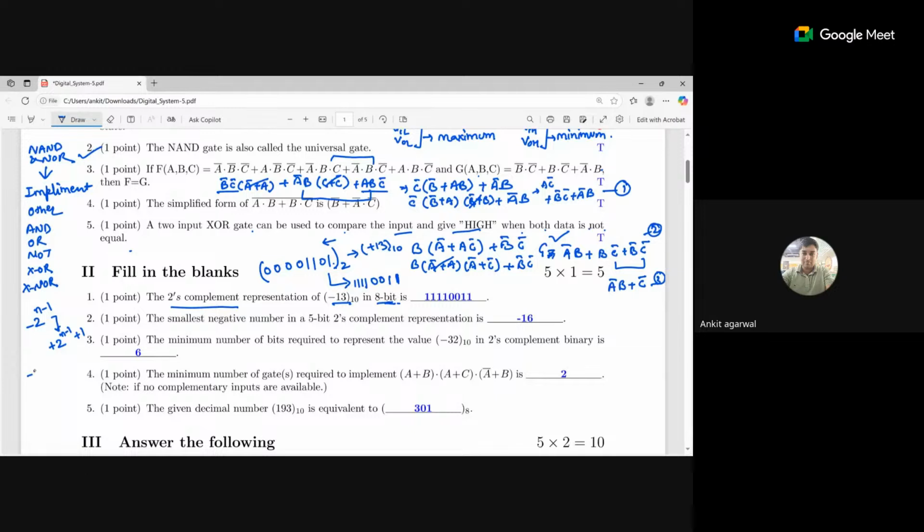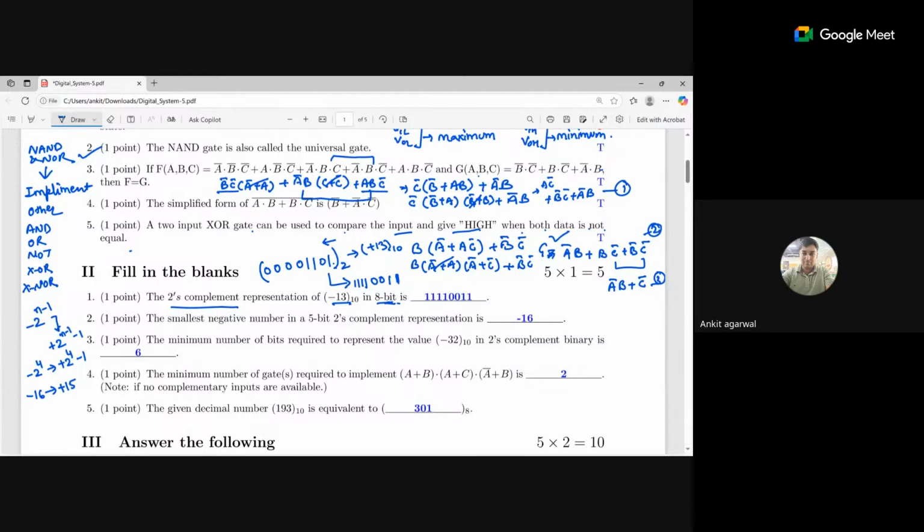So minus 2 raised to power 4 to plus 2 raised to power 4, sorry, this is the minus 1. Okay, so the representation is from minus 16 to plus 15, for the 5-bit number.